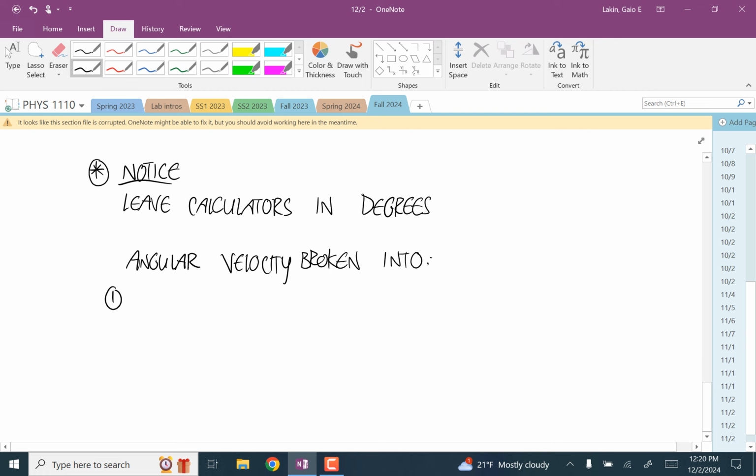The magnitude is the angle of rotation divided by the elapsed time.